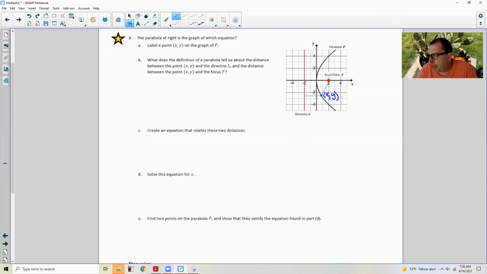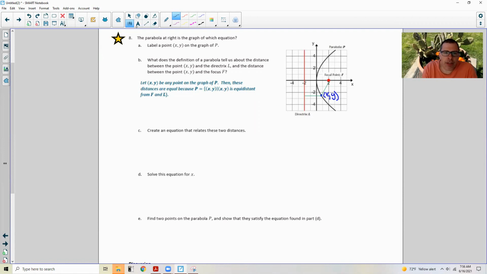So let's say this point XY is any point on the graph of P. It doesn't matter where I put it. Then the distances are equal because P equals the set of all points X comma Y such that the point X comma Y is equidistant from F, the focal point, and L, the directrix.